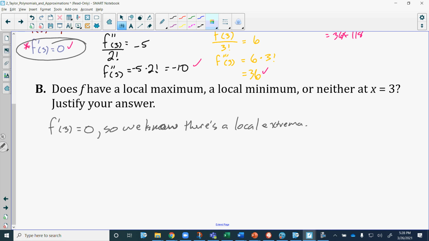Now, if I go to the second derivative, f double prime of 3, we got a negative number, negative 10. Okay? Well, since that second derivative was less than 0, the function, according to the second derivative test, must be concave down.